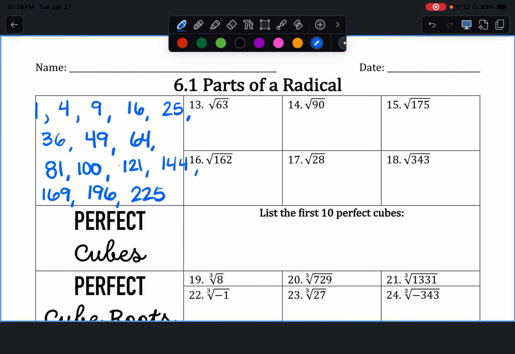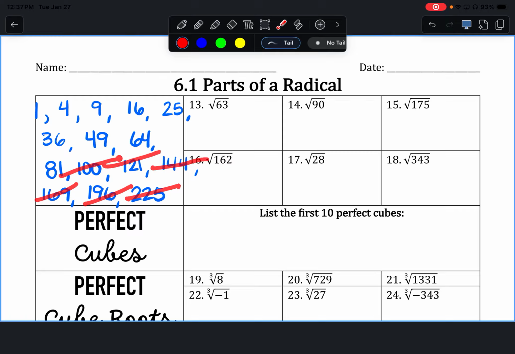Okay, so for 18, it is the square root of 343. Okay. What is the biggest one of these numbers that can go into 343? 144 can't go in there. 169 can't. 196, 225 can't. Is it divisible by 100?